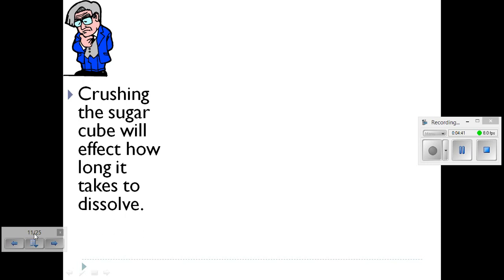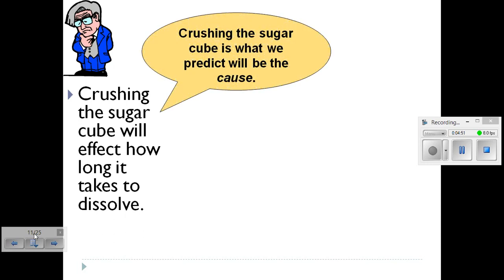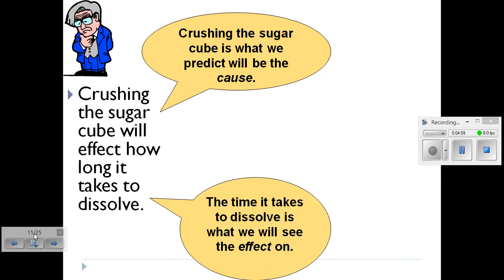So, crushing the sugar cube will affect how long it takes to dissolve. Crushing the sugar cube is what we predict will be the cause. And the time it takes to dissolve is what we will see the effect on.